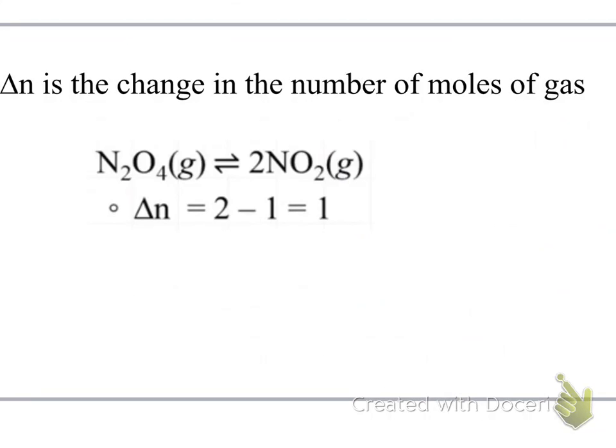Here's another example. I have 1 N2O4 becoming 2 NO2. So my product moles is 2, just the gas, minus 1 mole of gas gives me a delta n of 1.